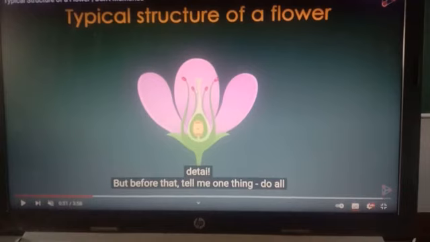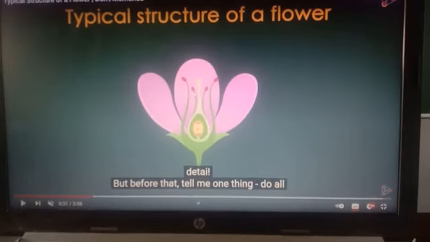Since both male and female parts have to take part in sexual reproduction, these are called the essential parts of the flower. The stamen and pistil participate in the process of reproduction, so they are called the essential parts of the flower.